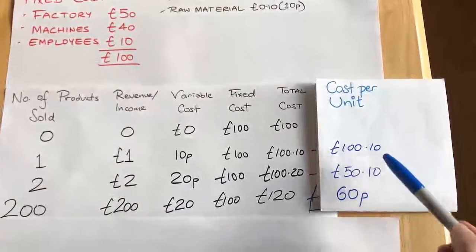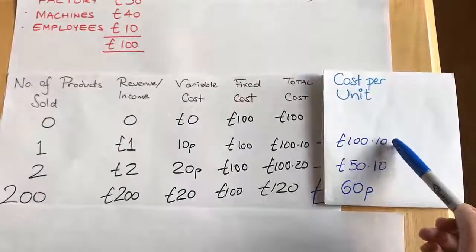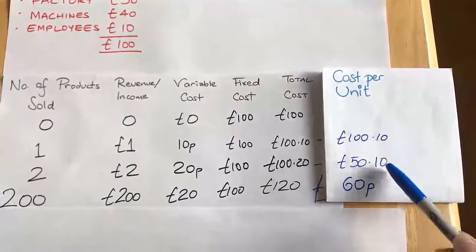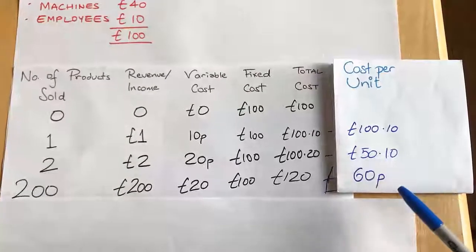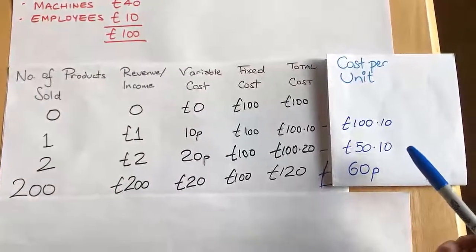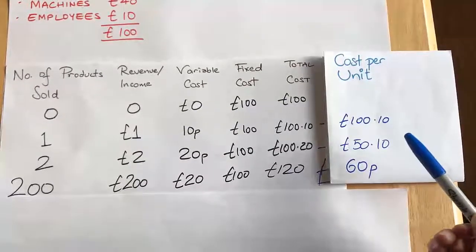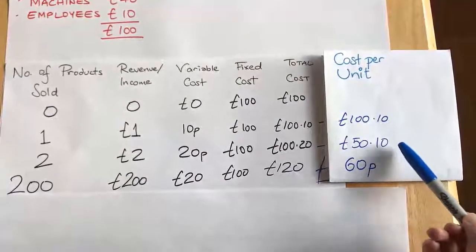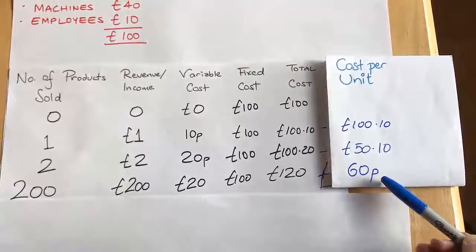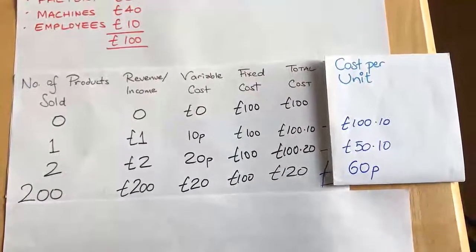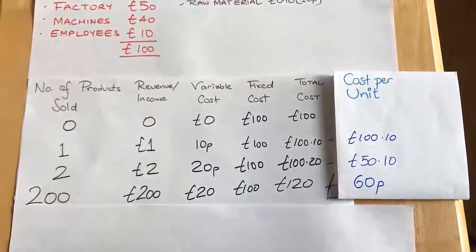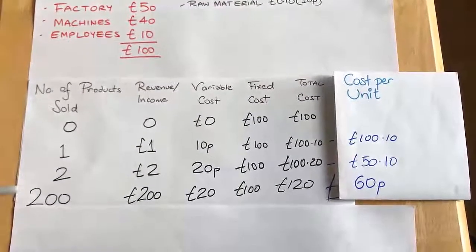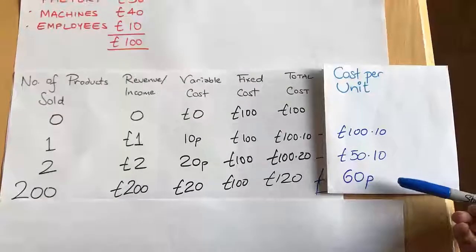So as we make more and more units, we go from making 1 unit to 2 units, our cost per unit has halved. As we go from making 2 units to 200 units, we've gone from the piece of Lego costing us £50, 10 pence, to it only costing us 60 pence. This essentially is economies of scale, because as we make more and more units, our cost per unit comes down.